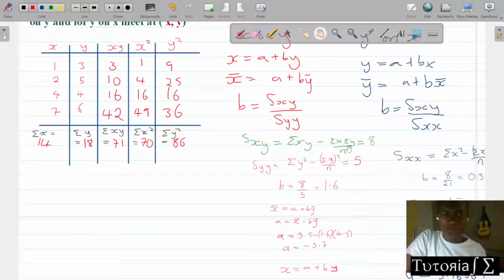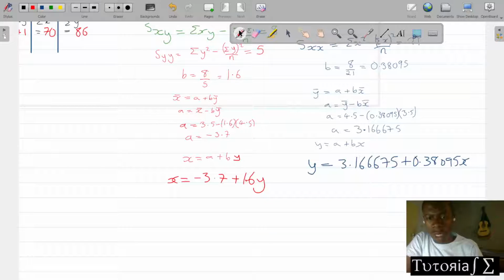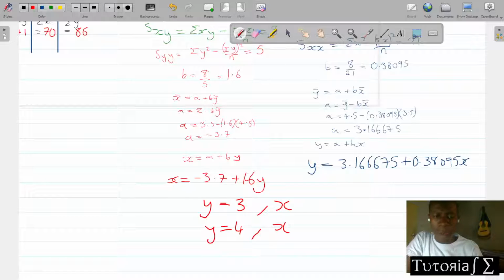So y is equal to 3, and y is equal to 4. Then you find your value of x for each. You replace here and simplify, and you find your value of x. This will be your coordinates for this line.